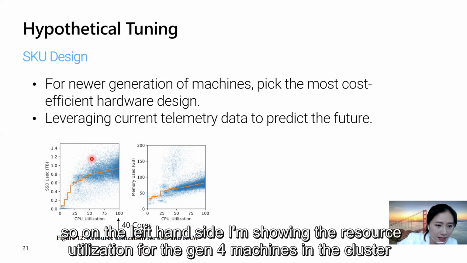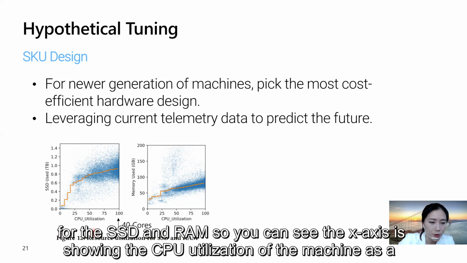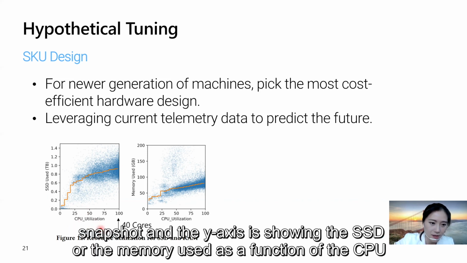On the left-hand side, I'm showing the resource utilization for the Gen 4 machines in the cluster for the SSD and RAM. The x-axis shows the CPU utilization of the machine as a snapshot, and the y-axis shows the SSD or memory use as a function of the CPU utilization.